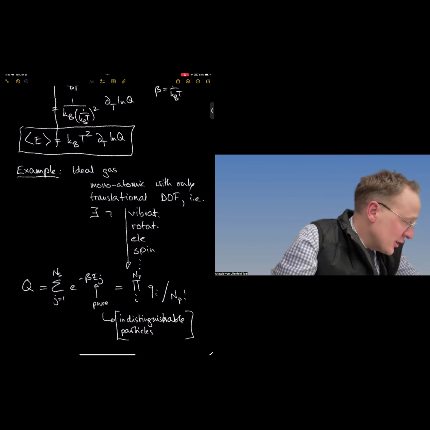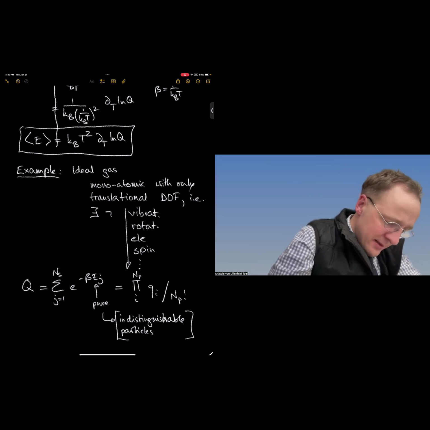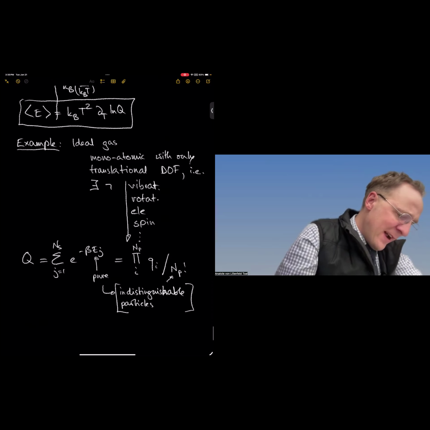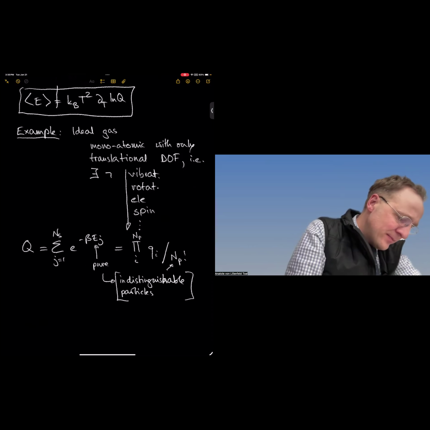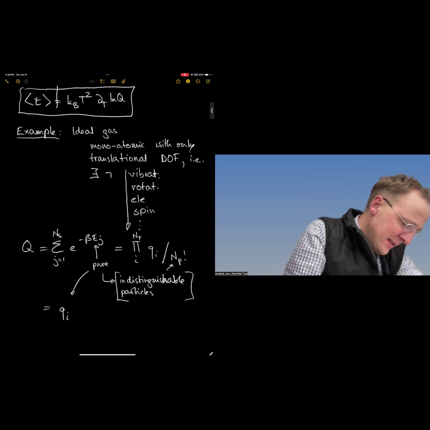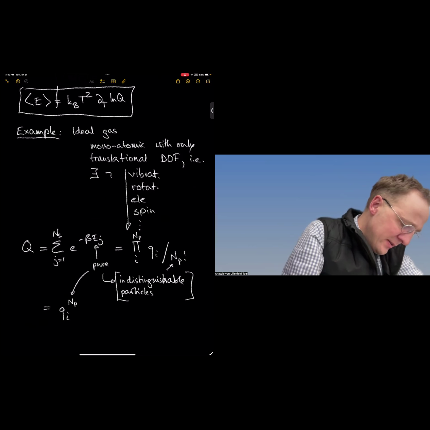Because they're indistinguishable, I have this factorial factor, and because they are all the same, this product is simply q to the number of particles.